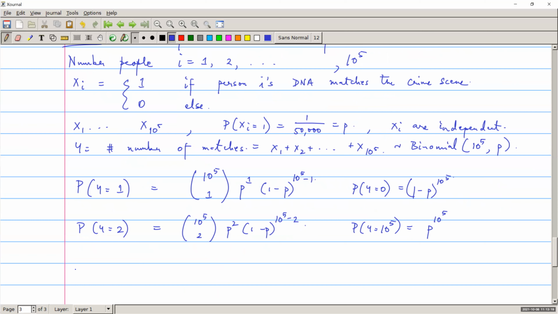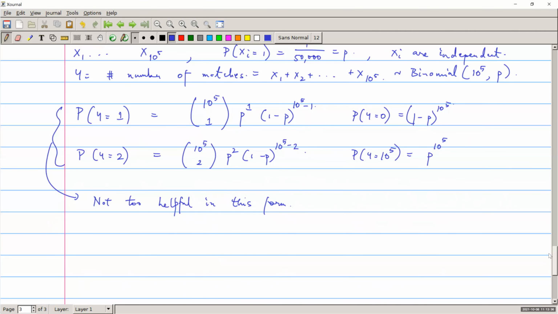So we want something, but these numbers in this form are like a subjective statement, not a very objective statement. When we look at these numbers, they don't make much sense to us. That's all it means.